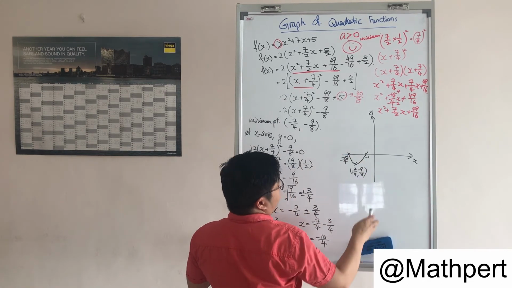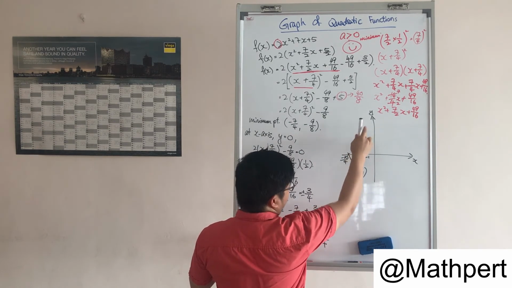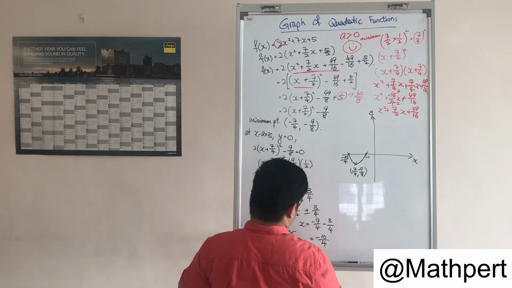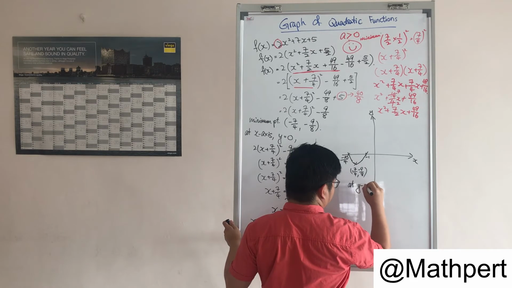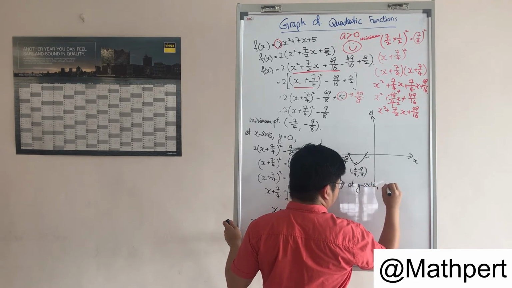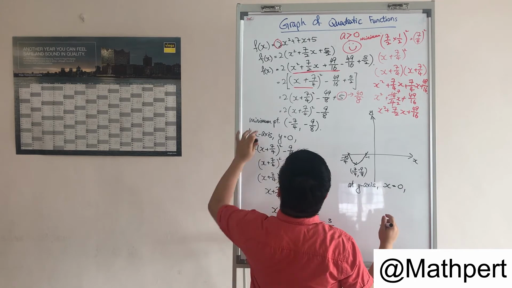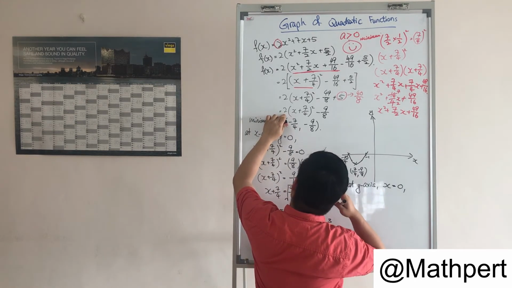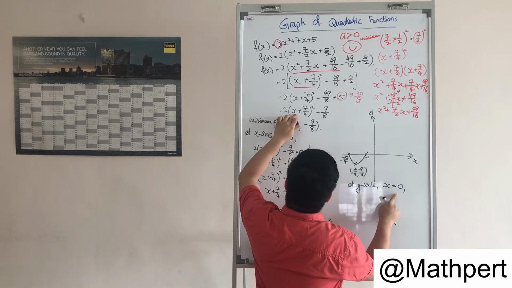And one more. Let's check whether this quadratic function intersects the y-axis. At the y-axis, x equals 0. So bring it here. x equals 0, substitute 0 here.